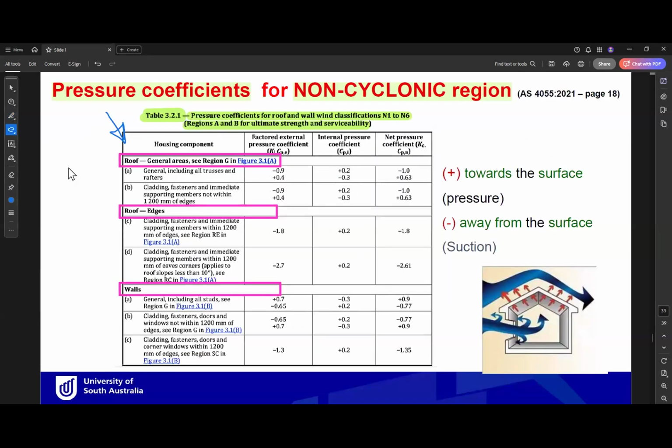And if we go back to the table, we have the different areas of the roof. For the walls, there is no problem; the wall is not subdivided the same way. But we are looking only at the general areas. So in your project and in our calculation, we will be only focusing on the general areas of the roof and the general areas of the wall.